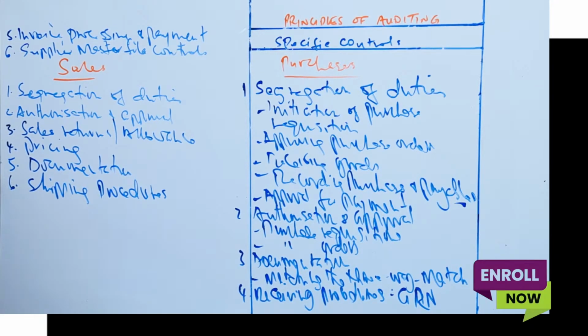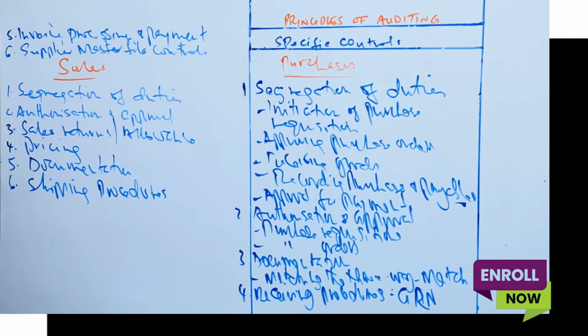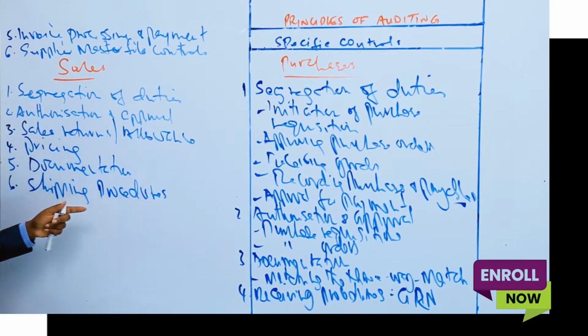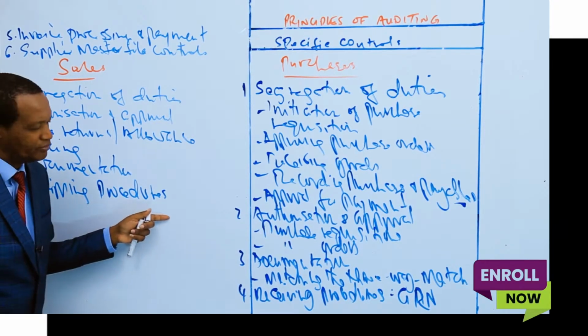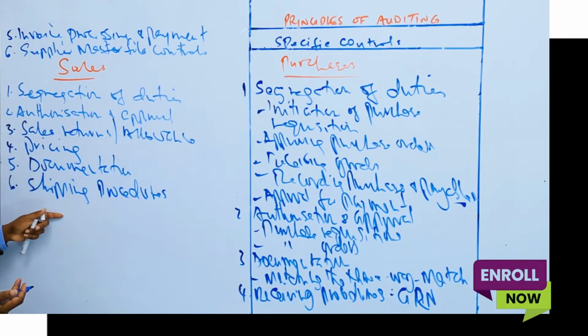Goods should be shipped only upon receipt of an authorized sales order. Before you deliver goods to a customer, that delivery must be based on an order that was made by the same customer.